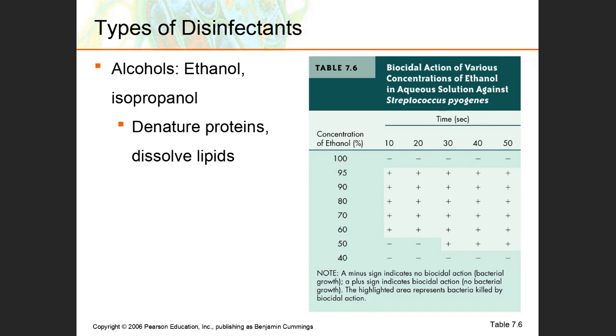But notice that 100% is not effective. So this is an example where more concentrated is not necessarily more effective. And so the idea is that you need to have dilutions of the alcohol so they can actually dissolve and move into the cell in order to denature the proteins.